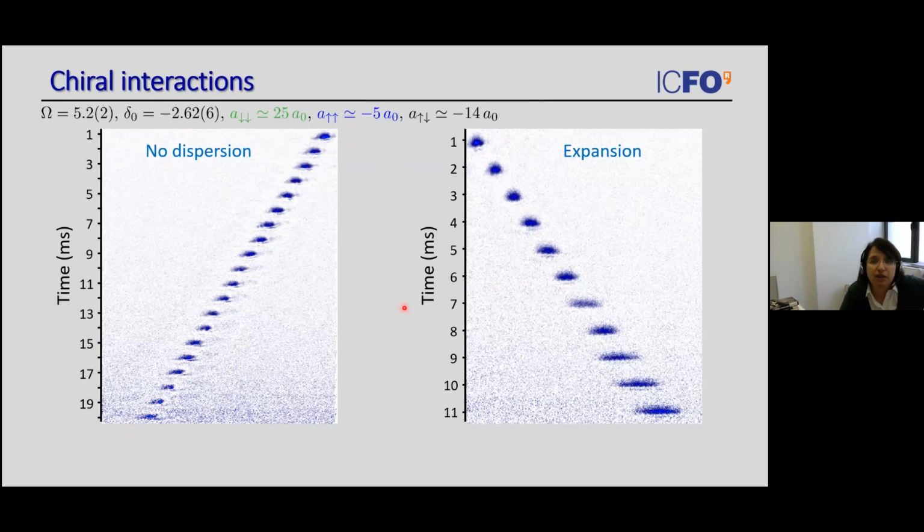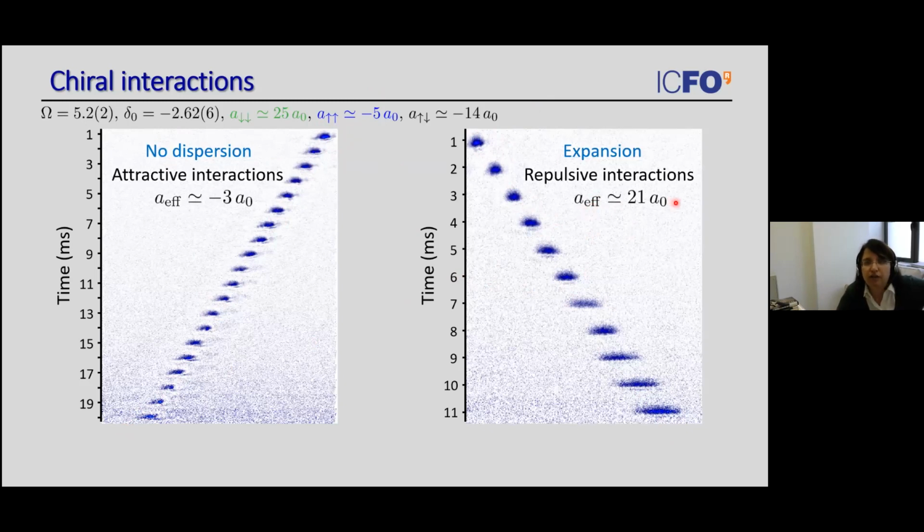And this is immediately telling you that your interactions are chiral, because the effective interactions of your system, which you can compute with our model, turn out to be positive when you kick them to the right. So that's why the BEC is expanding. But when we kick them to the left, they turn out to be negative. So they are attractive, and that's what keeps the shape of this cloud.